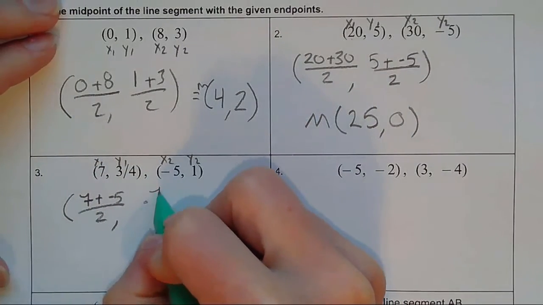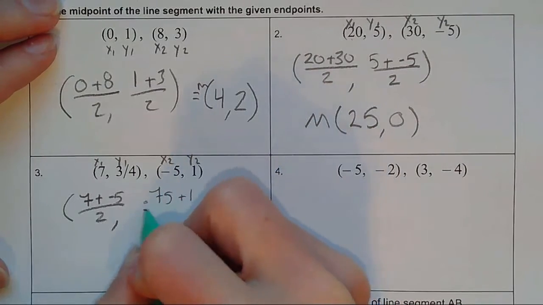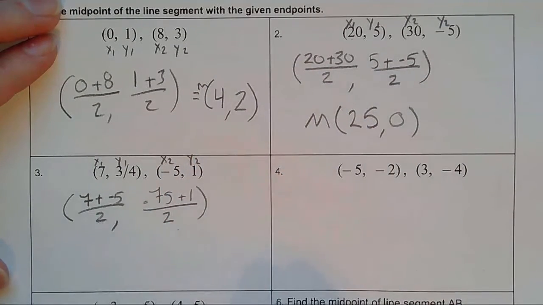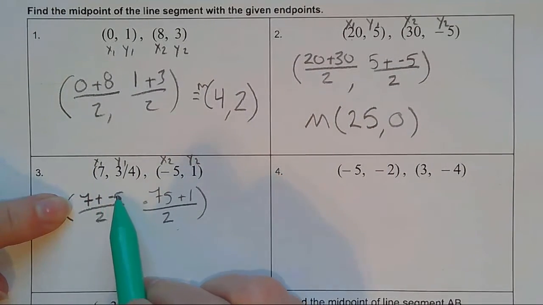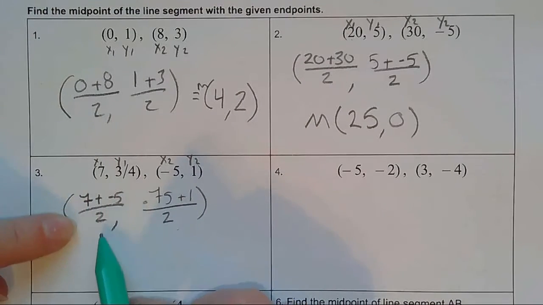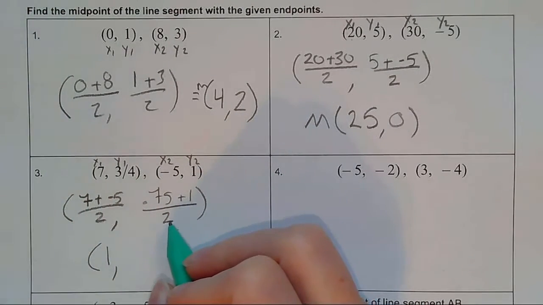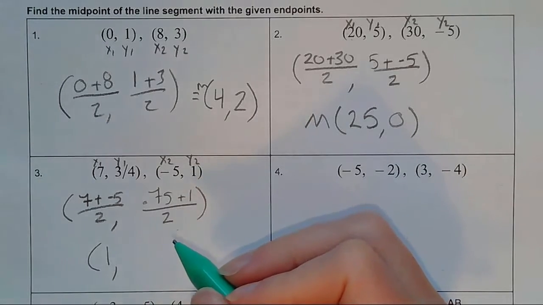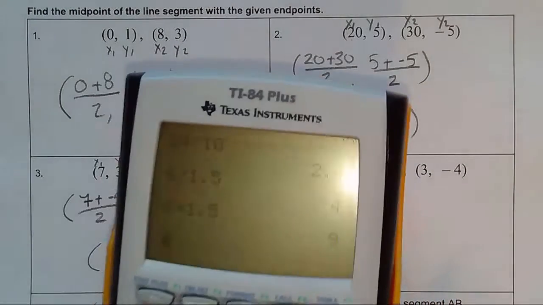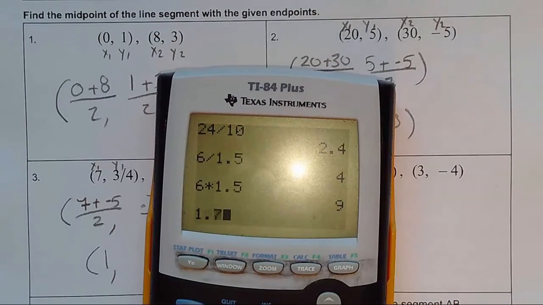I could do it both ways, but we'll just go ahead and make that a decimal. It might be a little easier for you. Divide by 2. Okay, 7 plus -5, or 7 minus 5, is 2. 2 divided by 2 is 1. 0.75 plus 1 is 1.75. So I'm just going to do 1.75 and divide by 2.